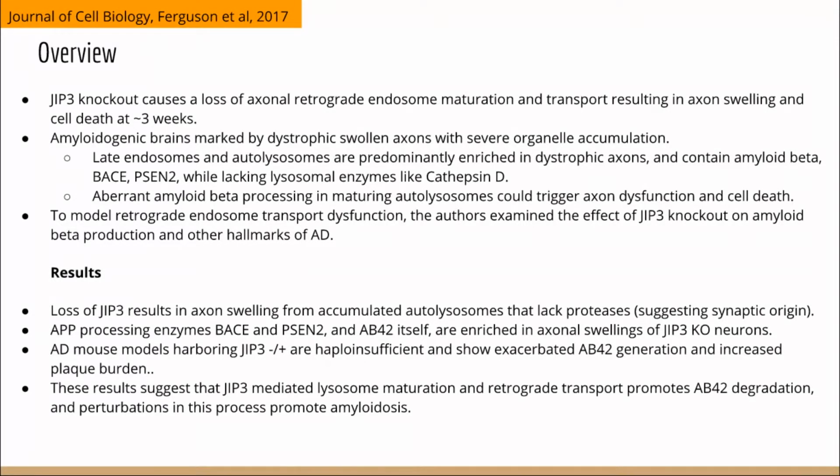This ultimately suggests that JIP3-mediated lysosome maturation and transport promotes amyloid beta 42 degradation, and disruption of this process promotes amyloidosis. So in other words, retrograde axon trafficking and lysosome maturation is a very, very important aspect to the formation of amyloid beta 42 and its associated plaques.